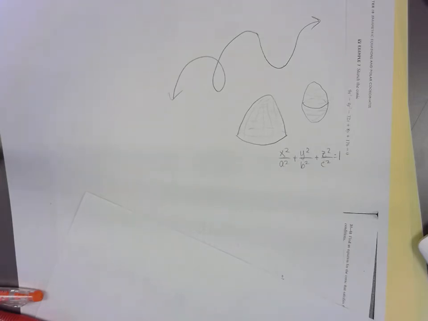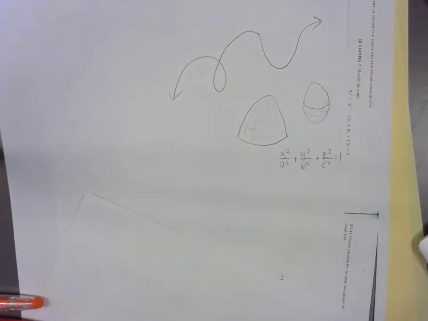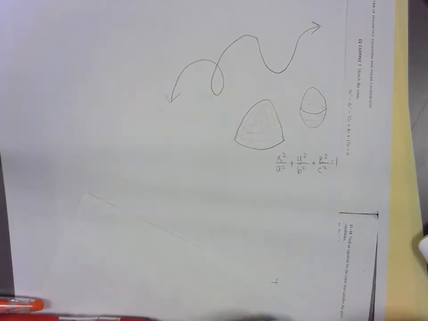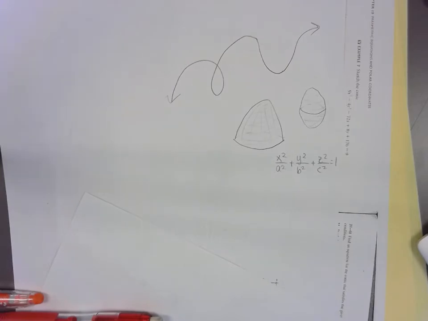But Z is natural log. And when you think about the natural log graph, it looks like that, right? It does go positive, and then when it goes negative, it goes down negative fast.